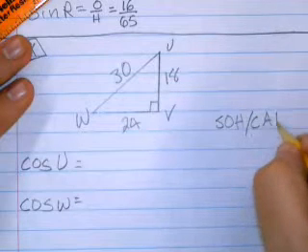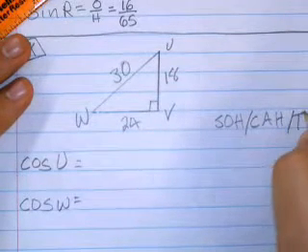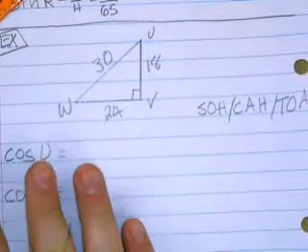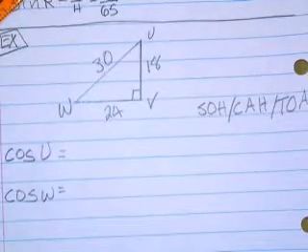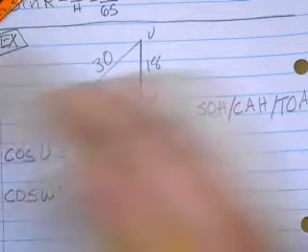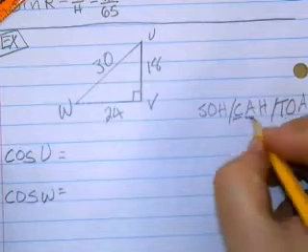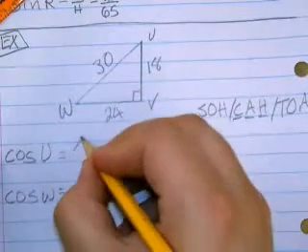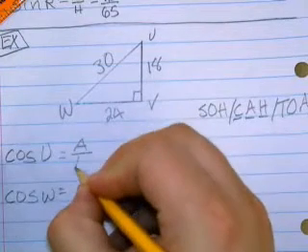So I write down SOH because I remember that Mr. Adams told this amazing story about Chief SOH. And I write out SOH, and I know that this is cosine, and cosine of an angle is the adjacent over the hypotenuse, so I write A over H.